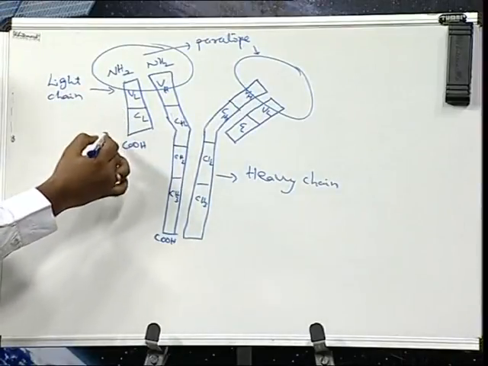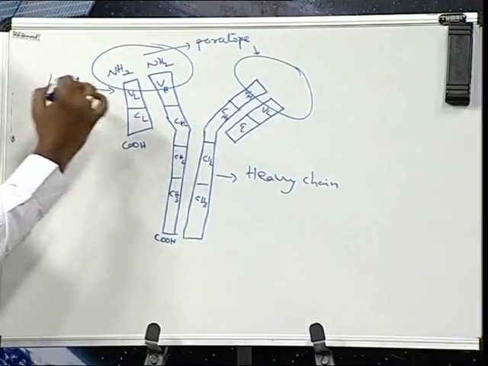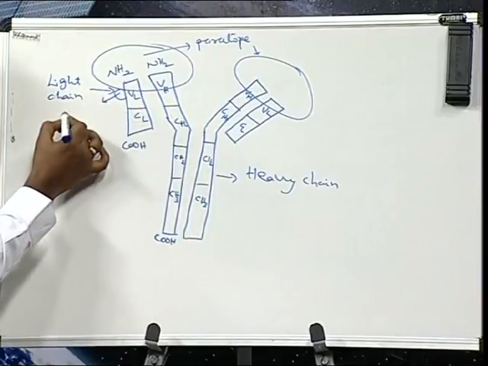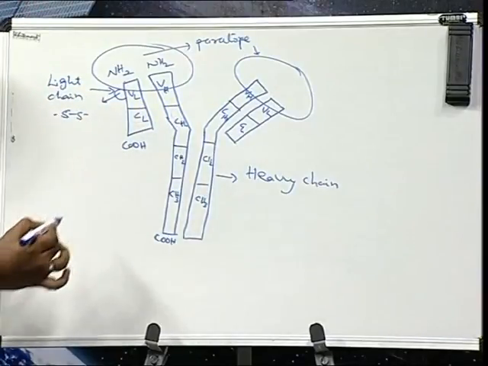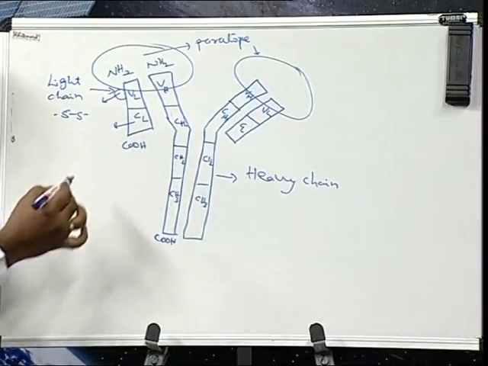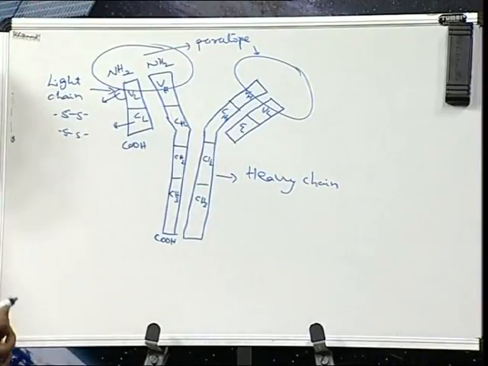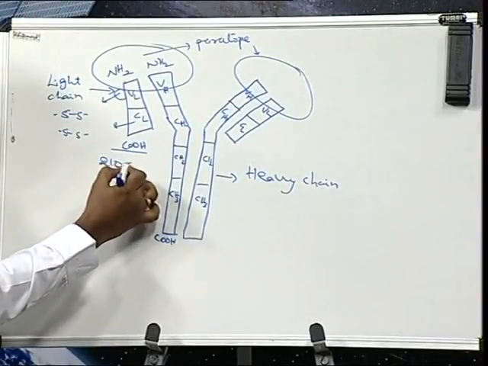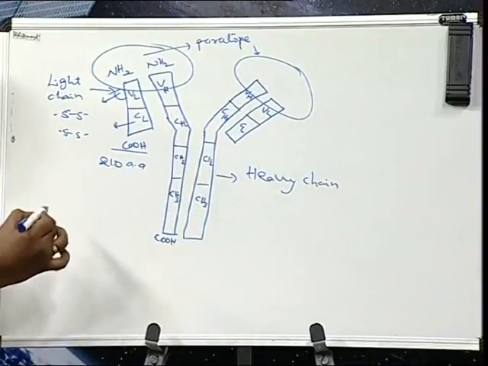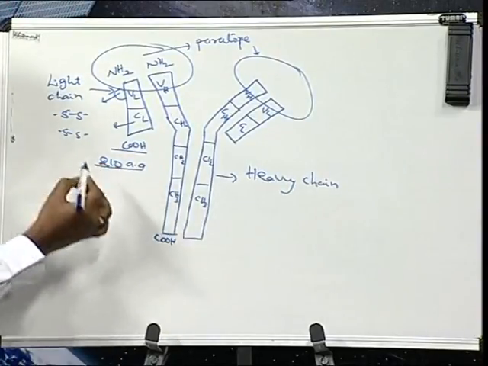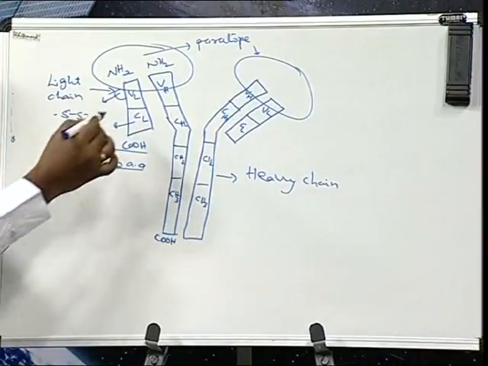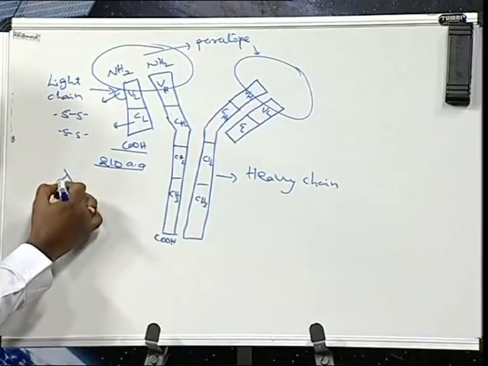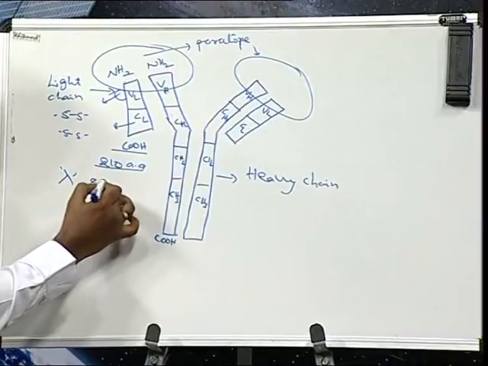Then inside the light chain you will find some domains. These domains form intra disulfide bonds. Same way, in the constant region also you will find intra disulfide bonds. This light chain is 210 amino acids in length, and it has two types based on the constant region: lambda type and kappa type.